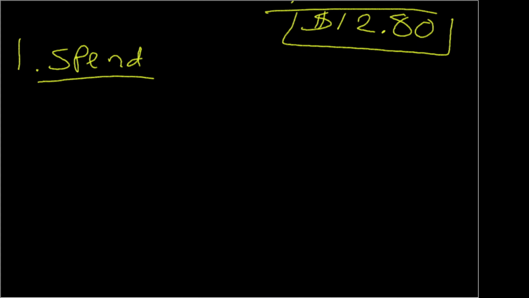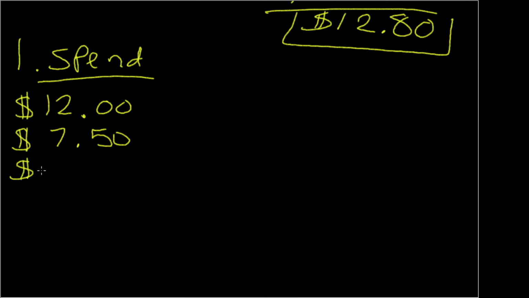I bought a jacket for $12. I bought a shirt for $7.50. And then I also bought a pair of shoes for $16. And that's what I spent.